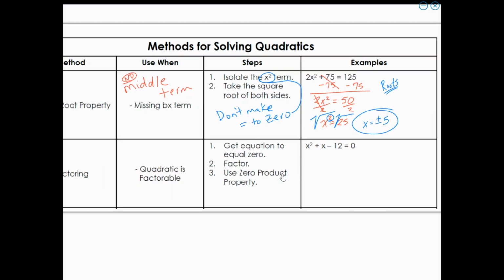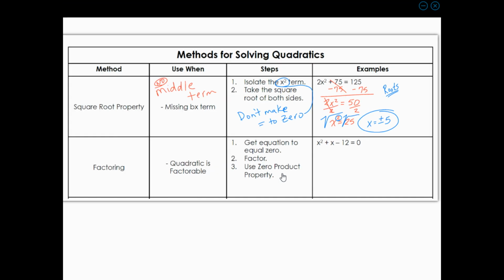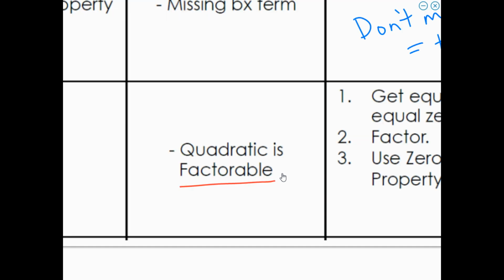The second method that we talked about was factoring and using factoring to solve. This only works if it's a factorable quadratic. But if it's factorable, then it's easy to factor it and get your equation.